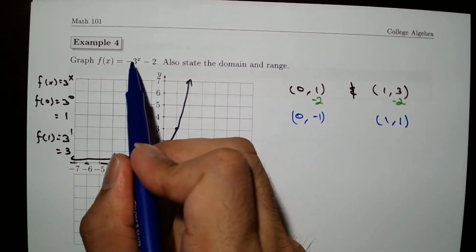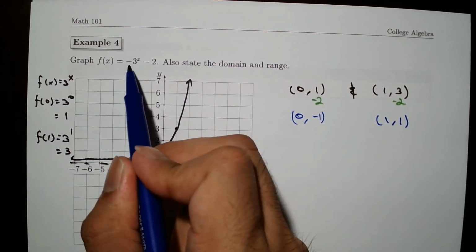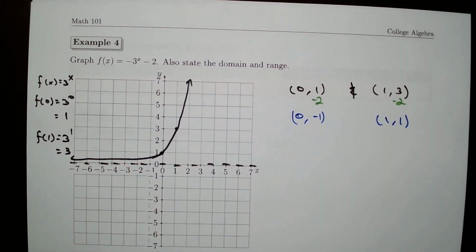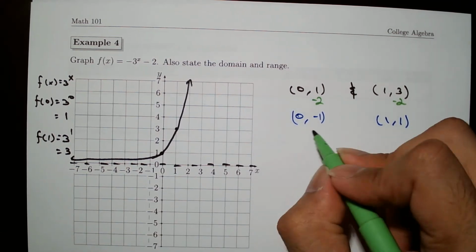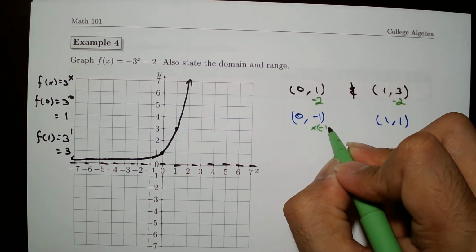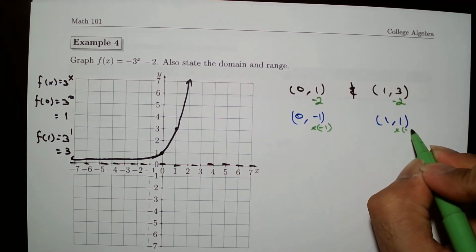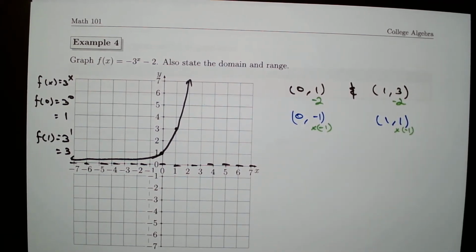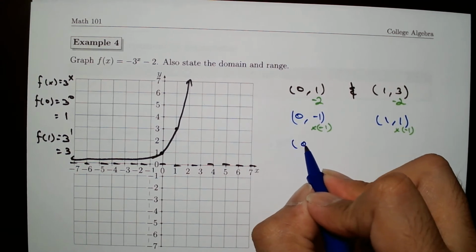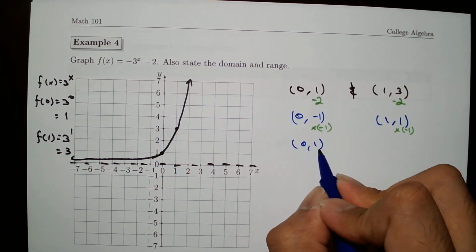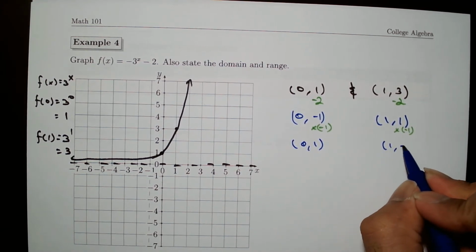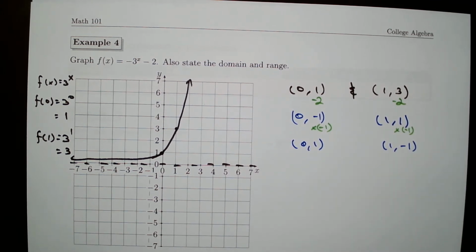And then this negative is going to change the sign of the y values, that is, multiply by negative 1. Negative times a negative is positive 1, and then 1 times negative 1.